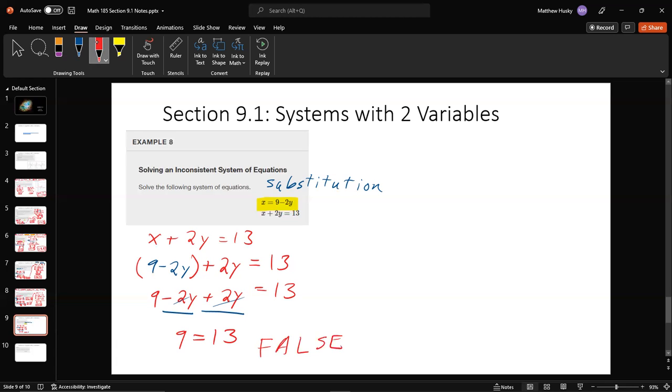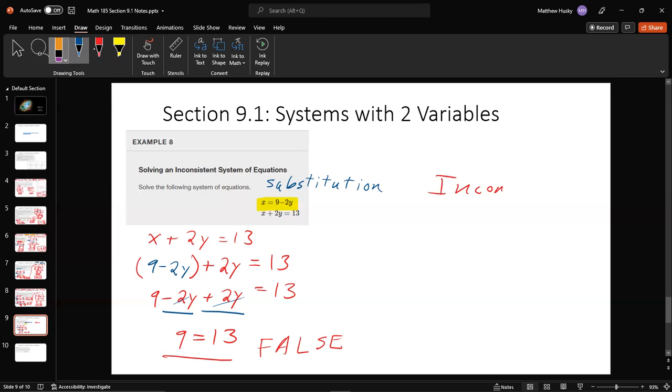False. You rub its nose in it and swat it with a newspaper and say, no, bad dog, bad math. That is not right. It is not true. So this means that it is inconsistent. That's how, without graphing it, you could tell that it is inconsistent. It'd help if I could spell.